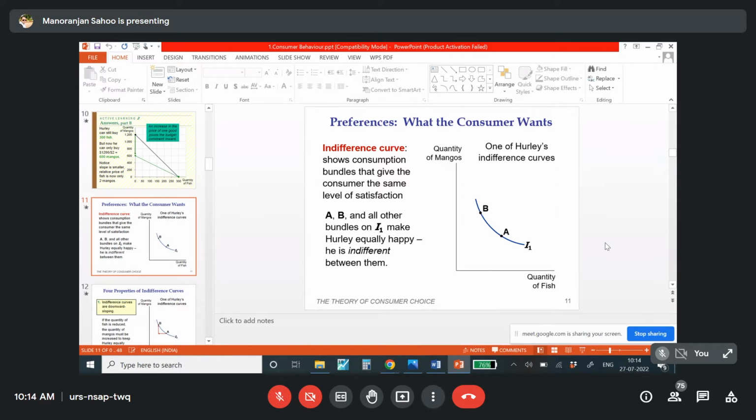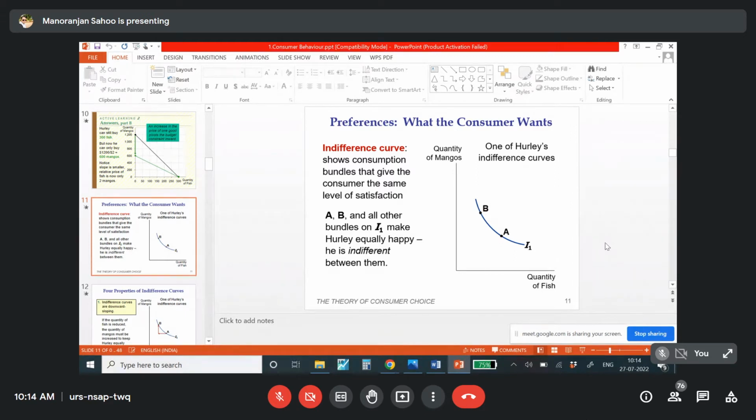At combination B, he is consuming more mangoes and less fish. But he is getting equal happiness out of these two combinations, so he is indifferent.